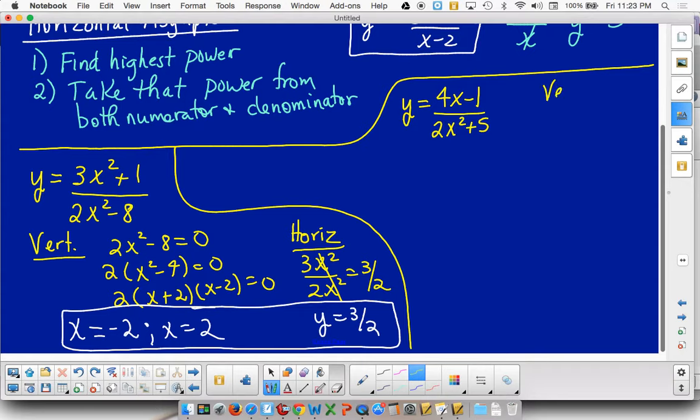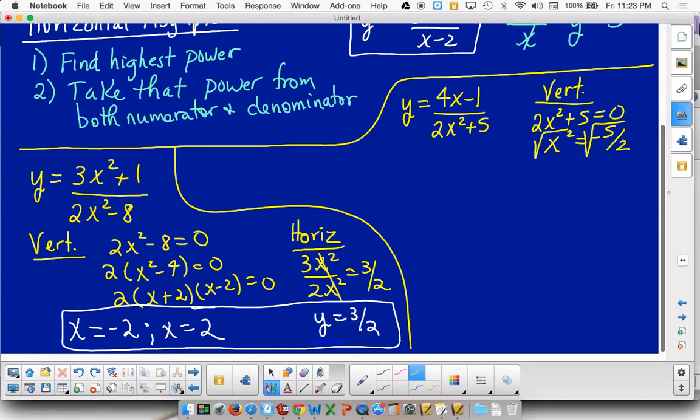Okay, verticals are where what happens? Yes, where the denominator equals 0. Okay, that's not going to factor, so I'm just going to solve it. Actually, let me save a little space here. That's going to subtract and become negative 5 halves. What do I do then? I square root both sides, and I get the square root of a negative number.